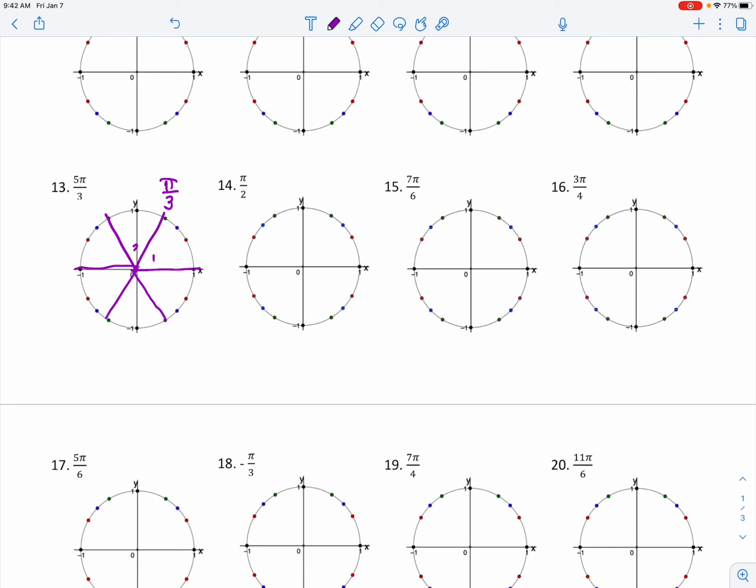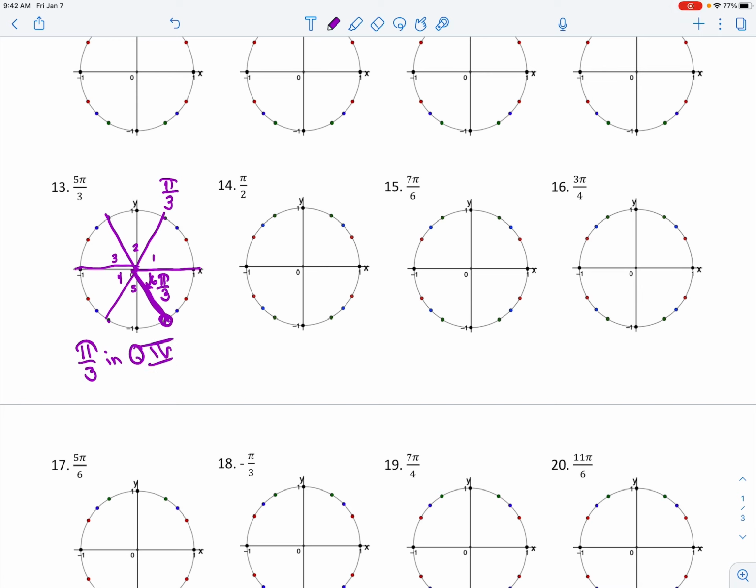So we had 1, 2, 3, 4, 5, 6 of those thirds. And so if we count our way around, 1, 2, 3, 4, 5 pi over 3 is right here. This is a pi over 3 reference angle in quadrant 4.